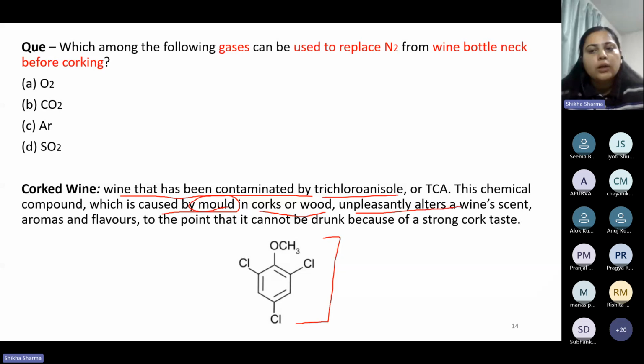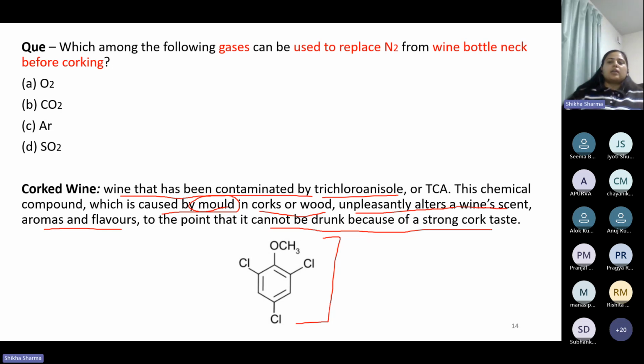Unpleasantly it alters a wine's flavor, the scent, aromas and flavors, to the point that it cannot be drunk, because of a strong cork taste.